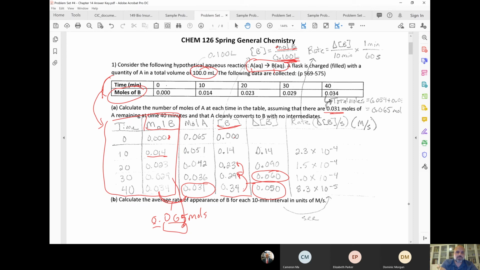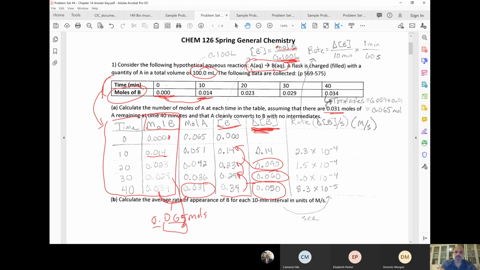And then 0.23 subtract 0.14, we end up with 0.090, etc., all the way down. So those are our changes in B. In order to calculate rate, we don't need moles. We need concentrations. So what we've done is converted these mole numbers over into concentration units.